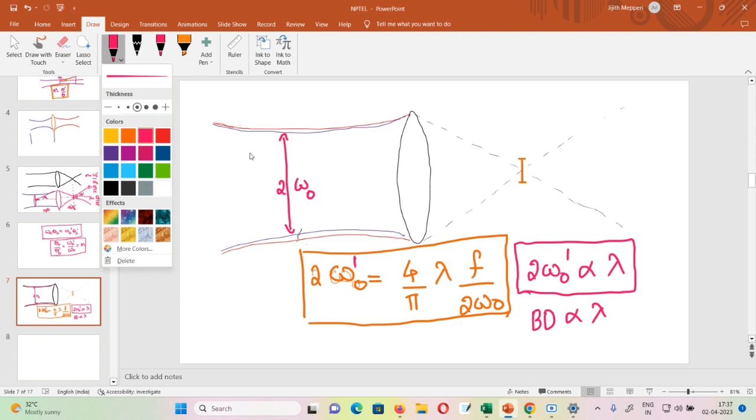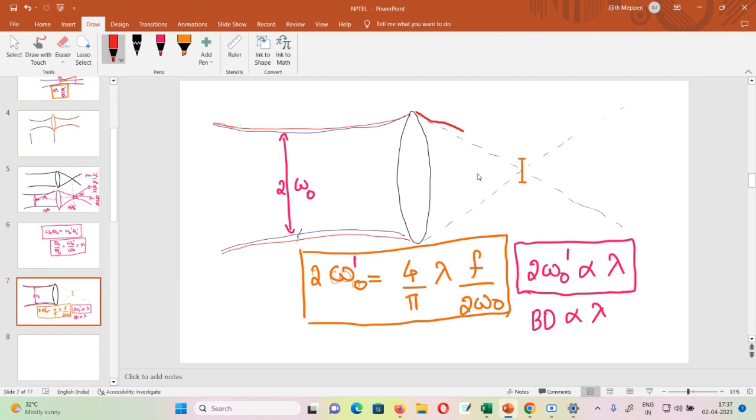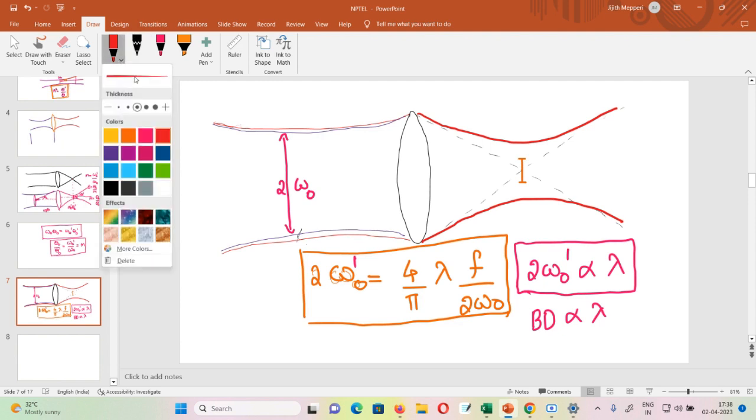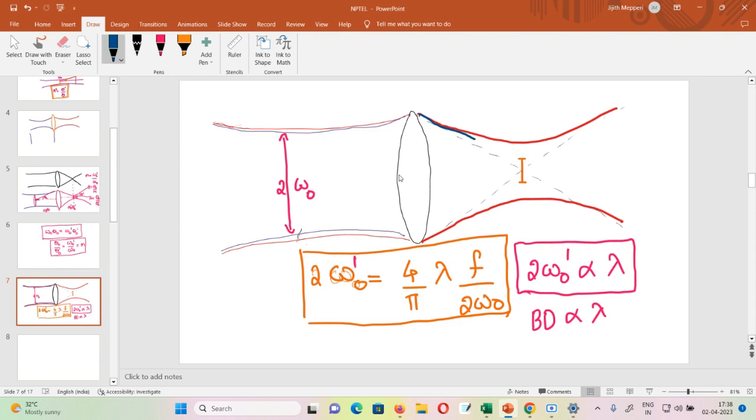So if you draw this image, the red will have a larger diameter, something like this, and the blue will have a smaller diameter. Got it?